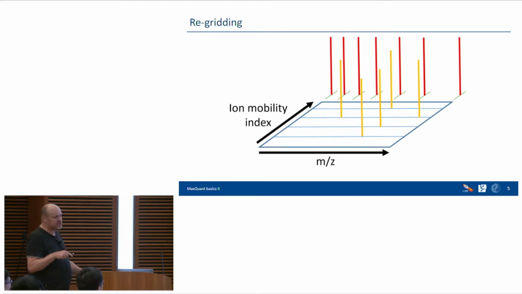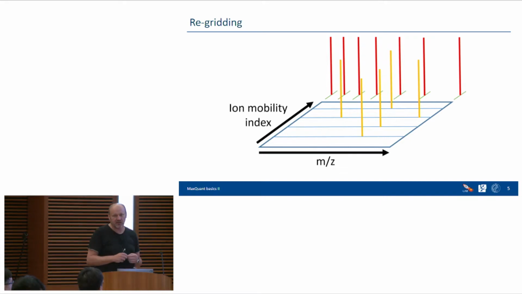While doing this, we're also doing some smoothing in all kinds of dimensions. We're doing some Gaussian kernel smoothing in the mass direction, and also some median summarization into the ion mobility index direction. So there's lots of smoothing applied before we actually analyze the 4-dimensional data. Right, so that's happening here.